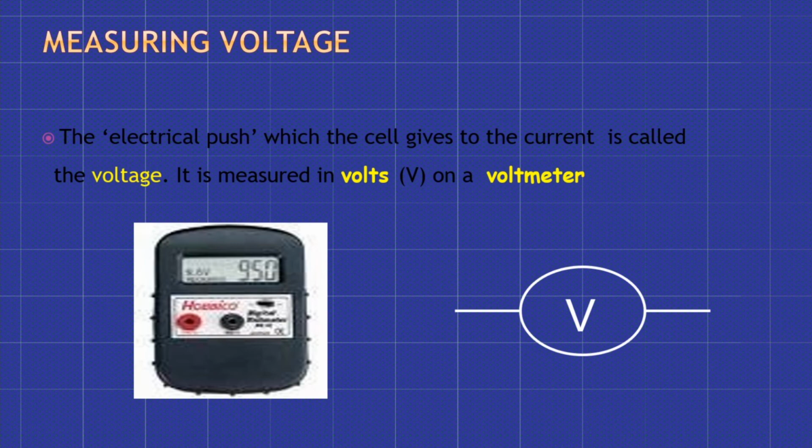Now measuring voltages. The electrical push which the cell gives to the current is called the voltage, as we have studied earlier in this lecture in the very start, and it is measured in volts on a voltmeter. Here you can see the voltmeter. This is a digital voltmeter, and here is the symbol of the voltmeter.